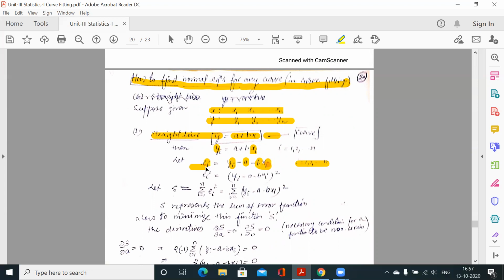Clear? E1 is the difference between the exact value and approximate value of y at x1. So that is error 1.